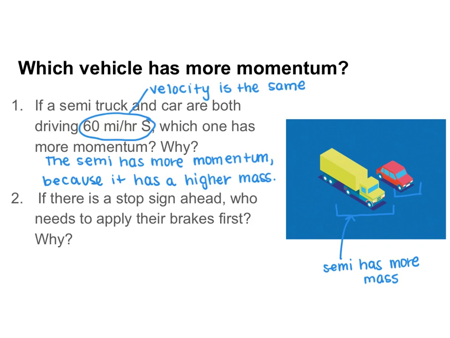Okay? So if there's a stop sign ahead, who needs to apply their brakes first and why? Remember, you guys, that momentum is how difficult it is to stop a moving object. So if the semi has more momentum, that means it's going to be harder to stop. So who needs to put their brakes on first? The thing with more momentum.